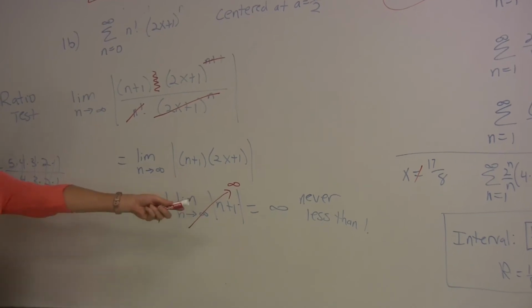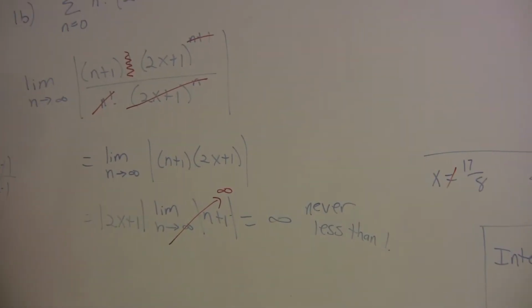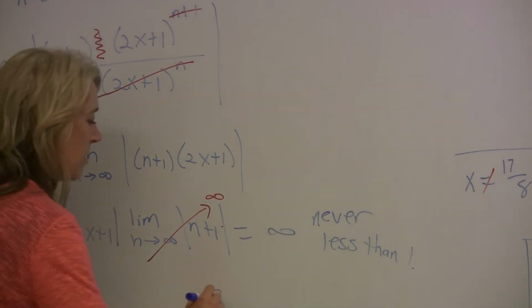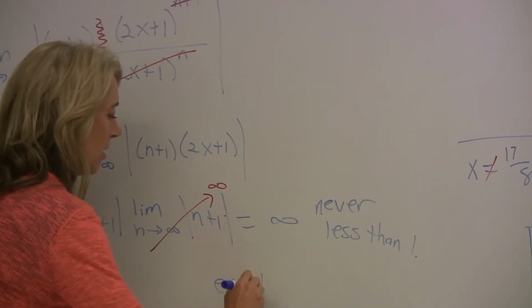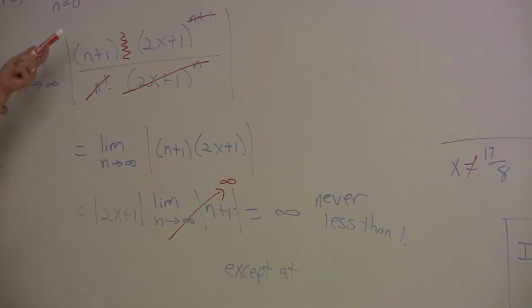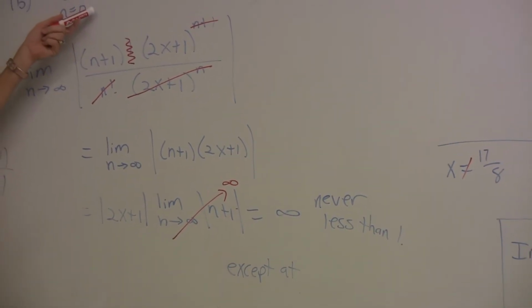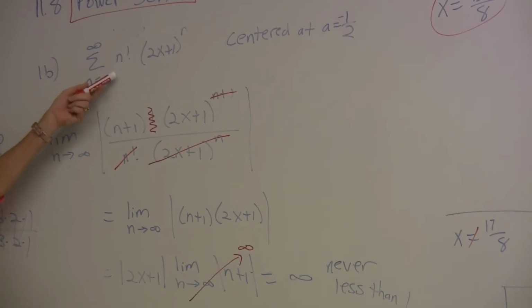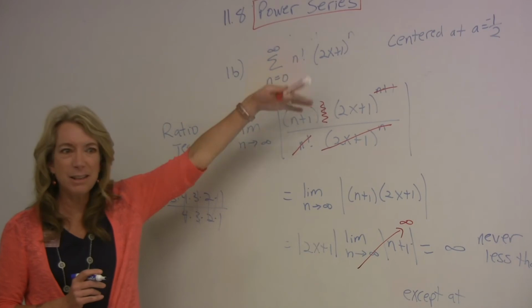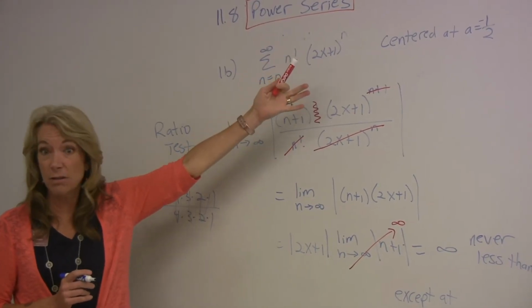Because that will never be true unless, there's one unless. Except at where? What makes this series converge? We talked about it when we started. Negative 1/2. Because if x equals negative 1/2, you're adding 0 plus 0 plus 0, it's going to converge.